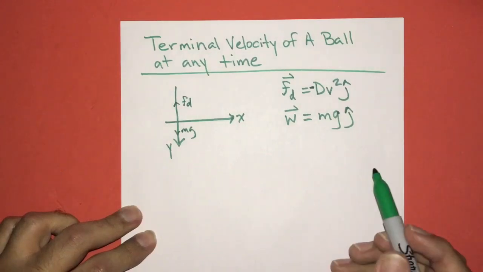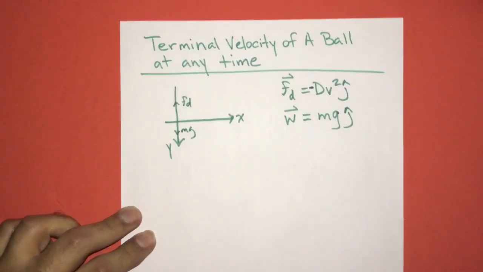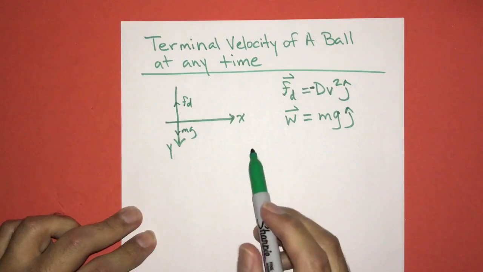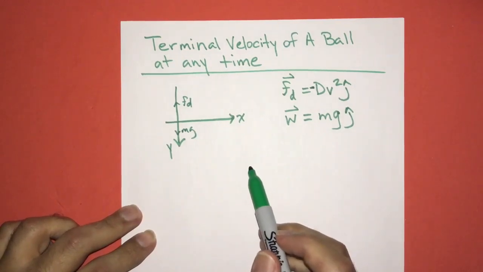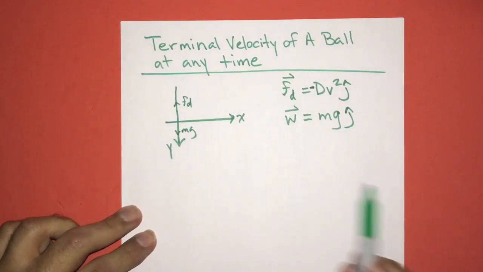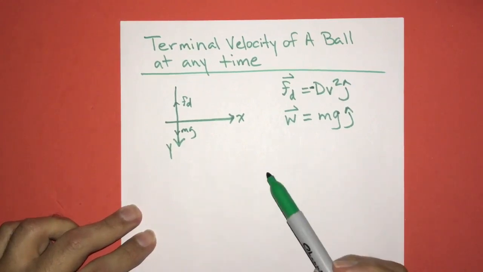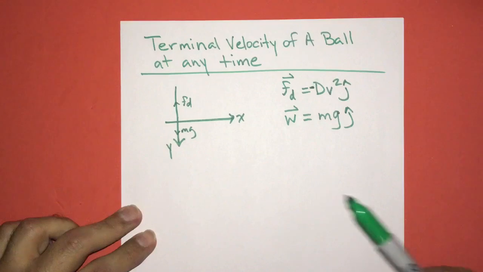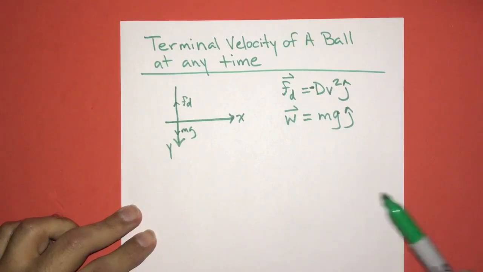Okay, so let's look at the special case. Say we just wanted to figure out what the terminal velocity is, and we don't care about the velocity at any time.